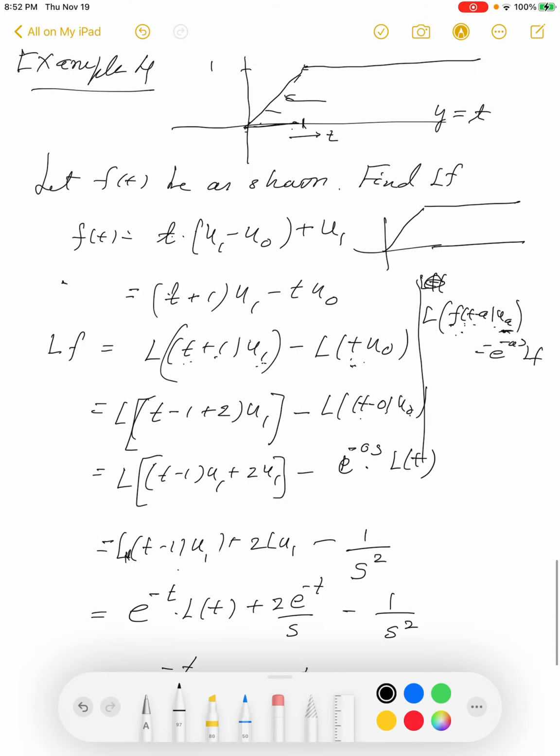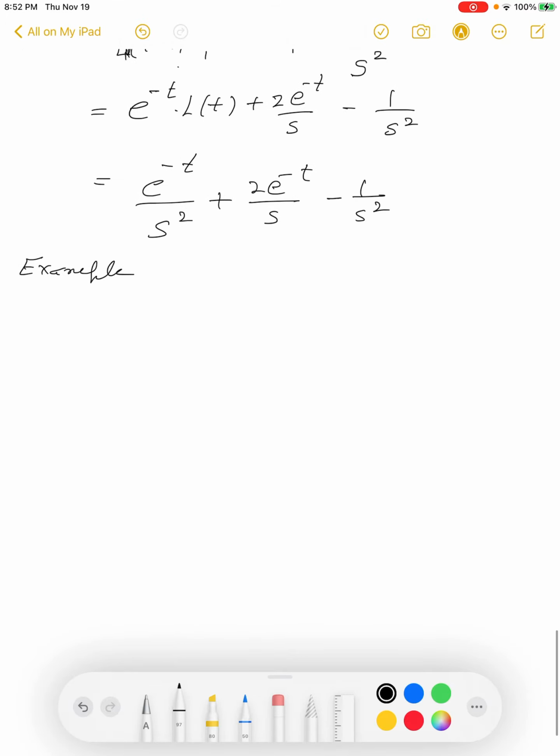Example 5. Good. So now I'm going to draw the graph, and this is the graph of f.